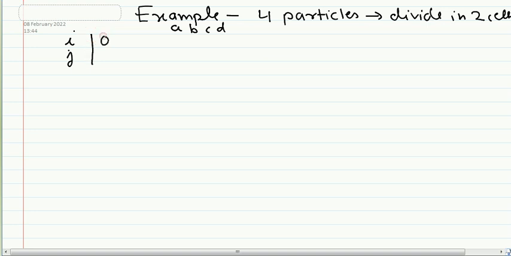So here it may be 0 and here 4 particles, then we have 1 and 3 particles, then 2 and 2 particles, then 3 and 1 particles, and then 4 and 0 particles. So these are the distributions, and all these, 1, 2, 3, 4, 5, represent the 5 macrostates.